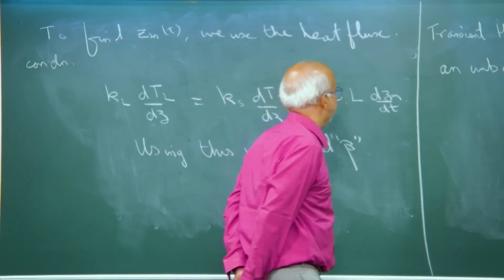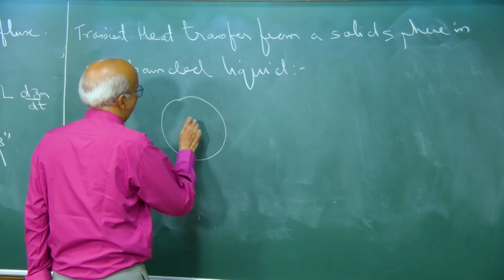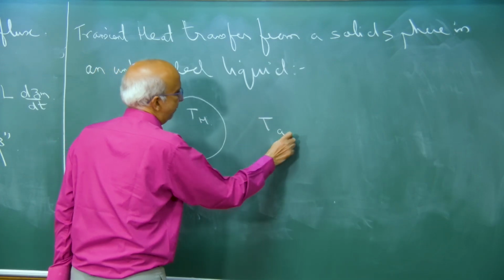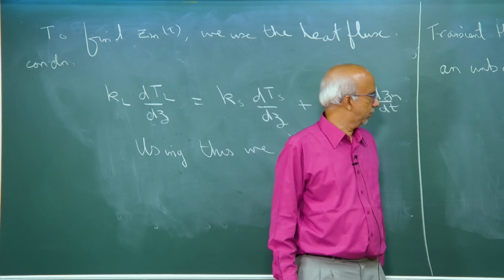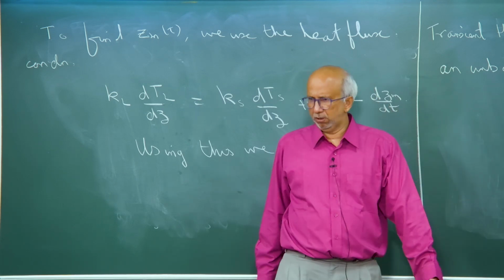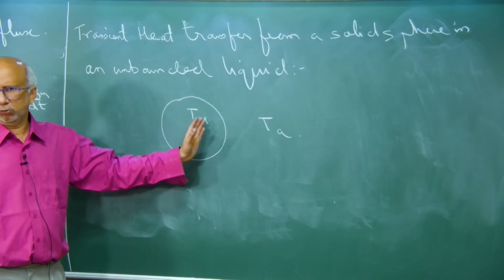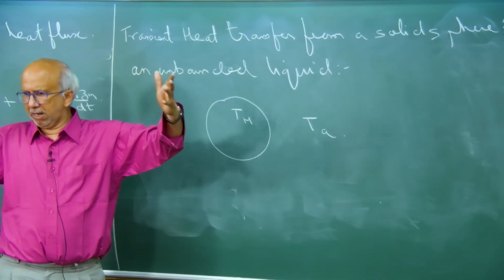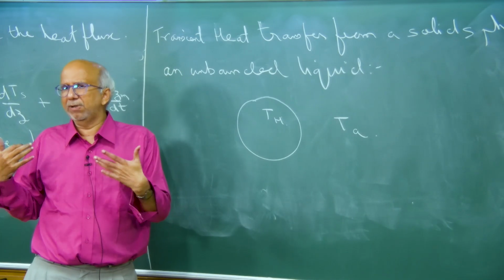So, what do I expect? I have this sphere and let us say this is at Th hot and Ta is the ambient, okay, A for ambient, H for hot. So, I have this hot ball in ambient liquid and this is going to cool down, okay, and the ambient liquid is so large that the temperature of the ambient liquid does not change.